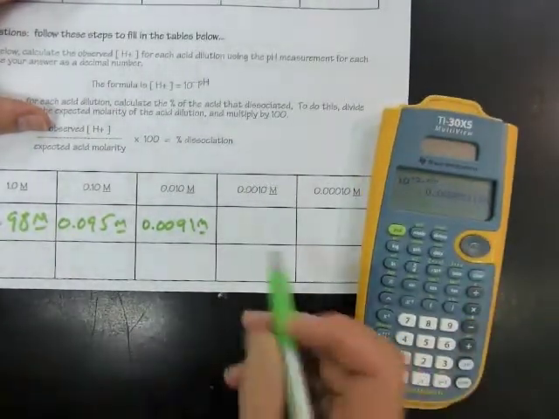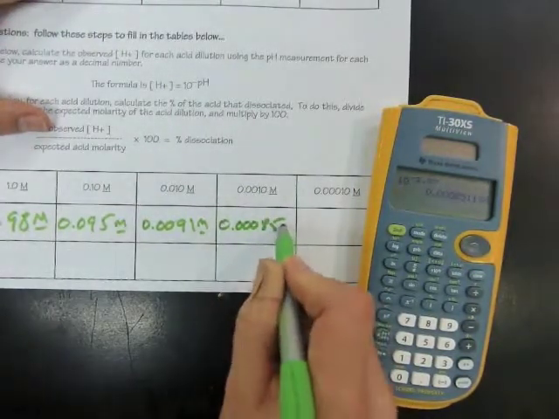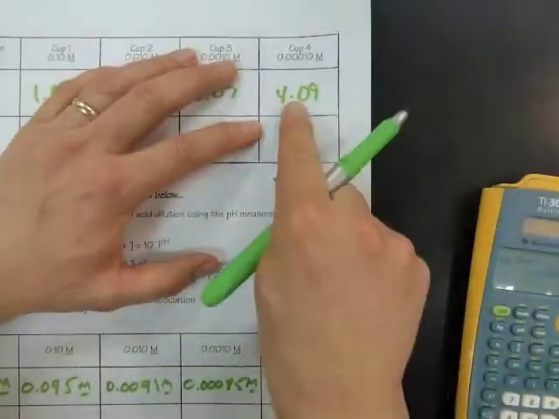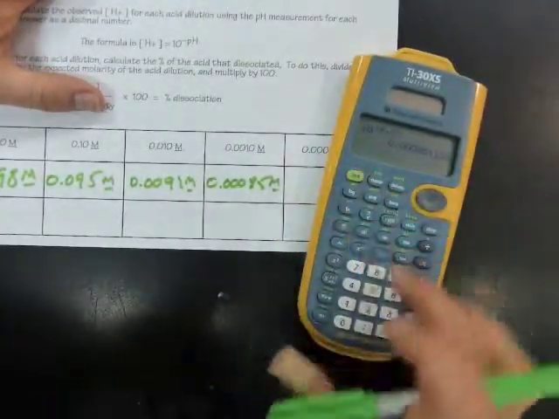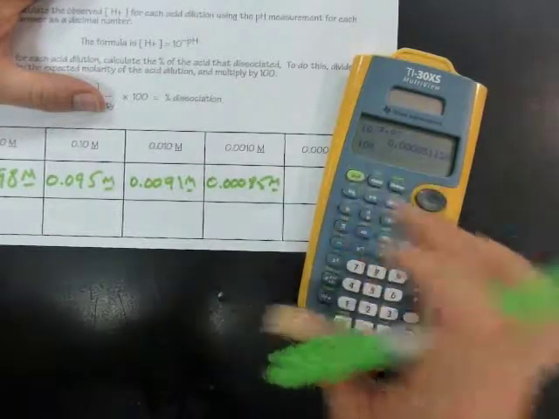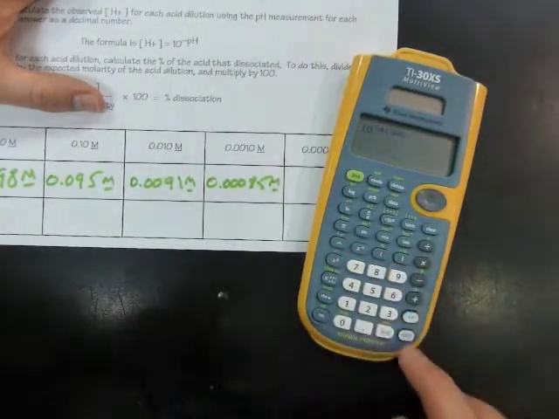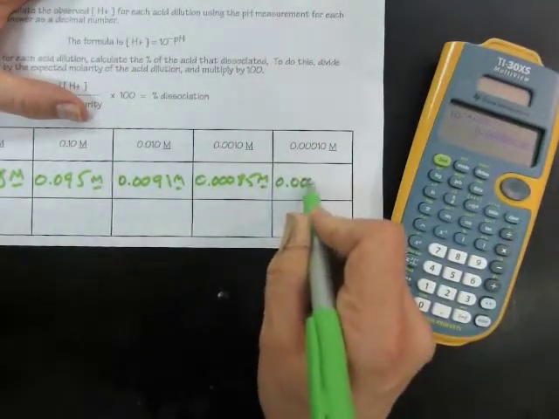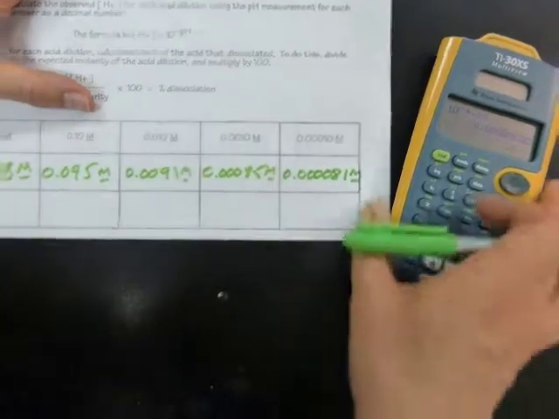Getting more zeros here. 0.00085 moles per liter. And then the last one, pH of 4.09. So here I'll say 10 raised to the negative 4.09. And that is a lot of zeros, 0.00081 moles per liter.